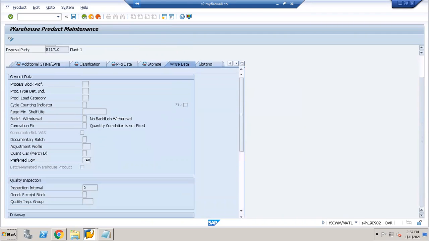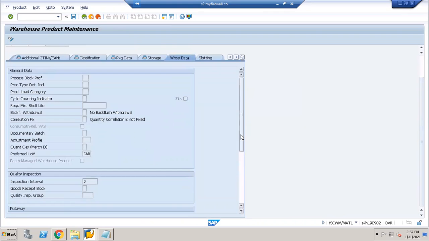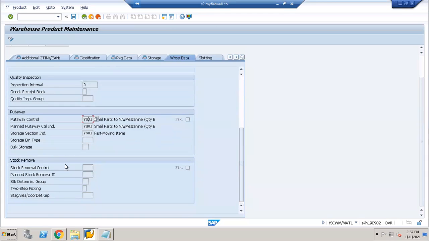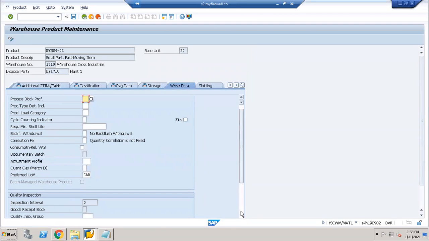The first control indicator is for put away, so it is the put away control indicator. For picking, it is SRCI, stock removal control indicator. It is blank, so we can change it.